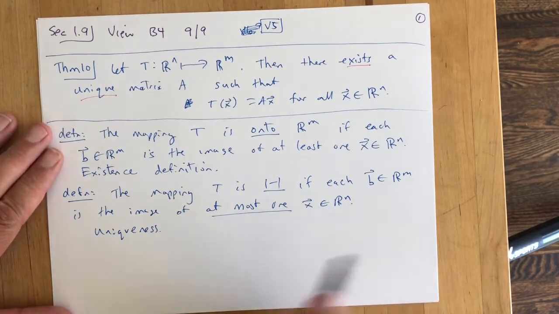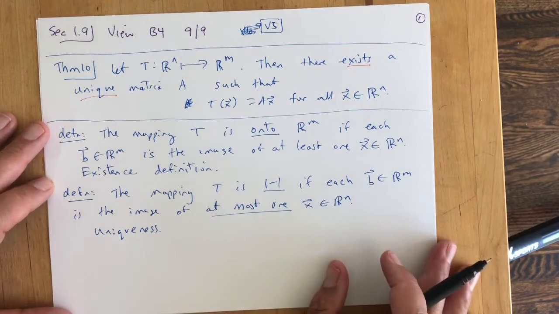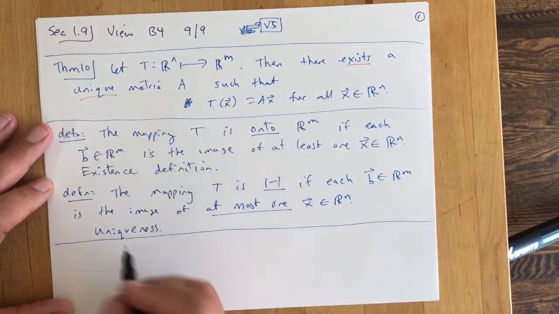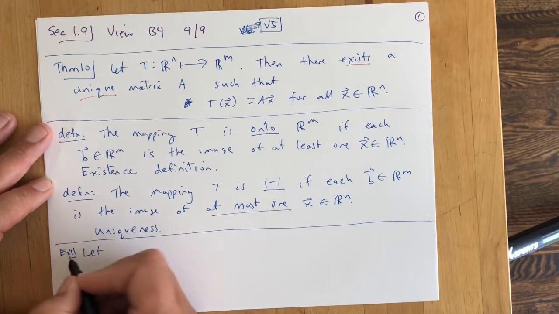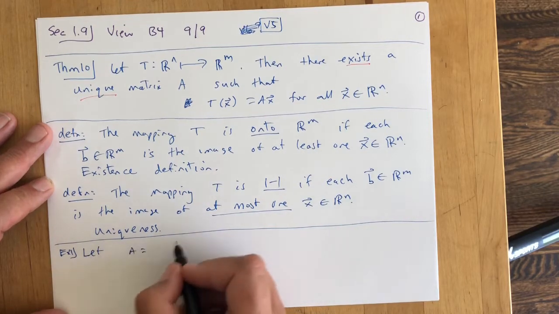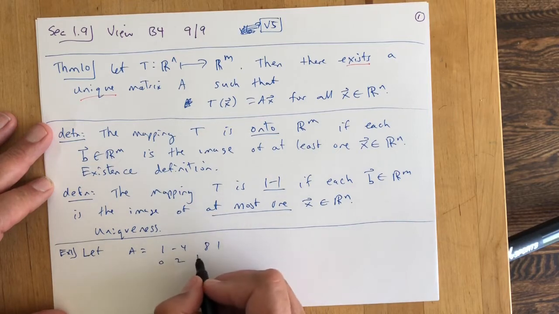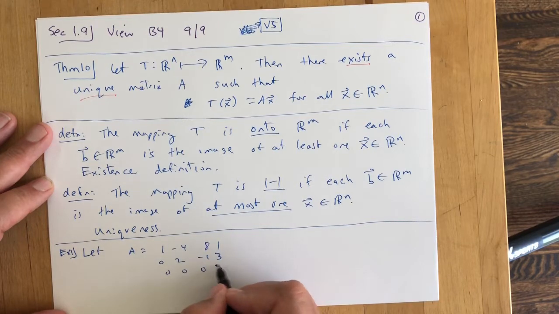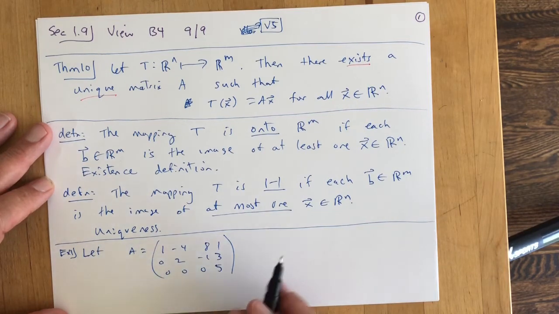So let's look at some examples here and try and get a handle on this definition and this one. Okay. Here's example 1. Let A be the matrix with rows 1, minus 4, 8, 1; 0, 2, minus 1, 3; 0, 0, 0, 5.